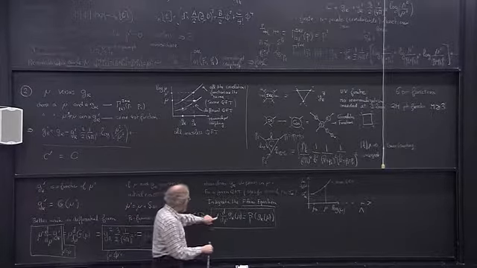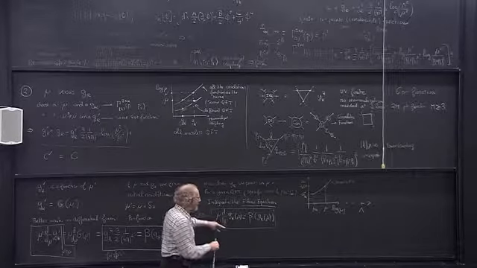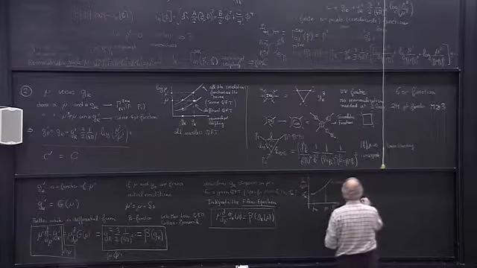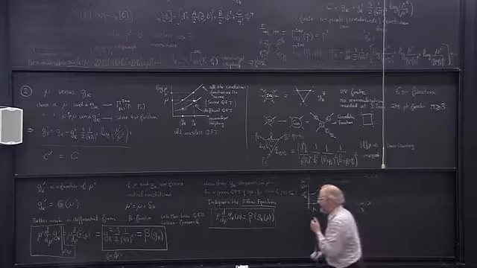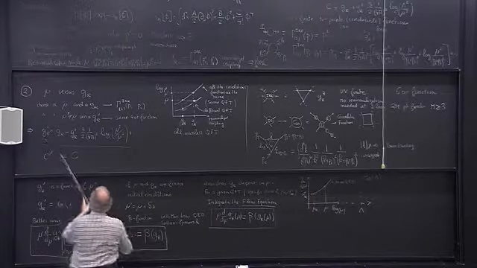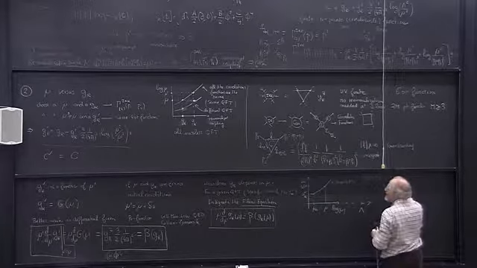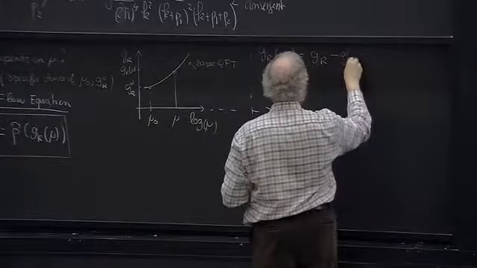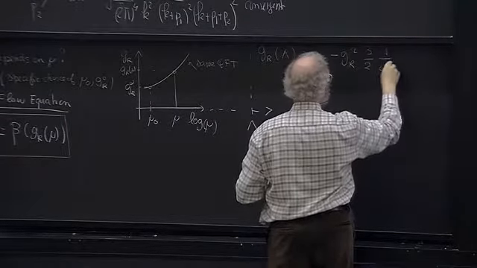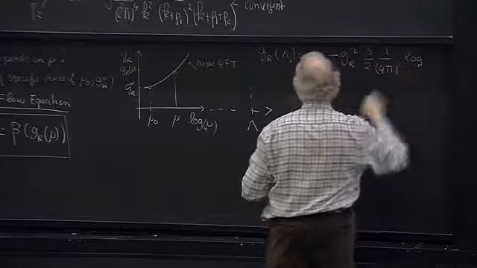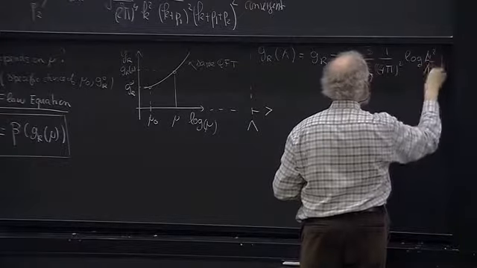You see? And when you integrate this equation, this is a derivative with respect to log of mu. So you are going to discover that g_R of lambda, you just take this expression, and you see that g_R of lambda is g_R minus g_R squared, 3/2, 1/(4 pi squared), log of mu squared divided by lambda squared.